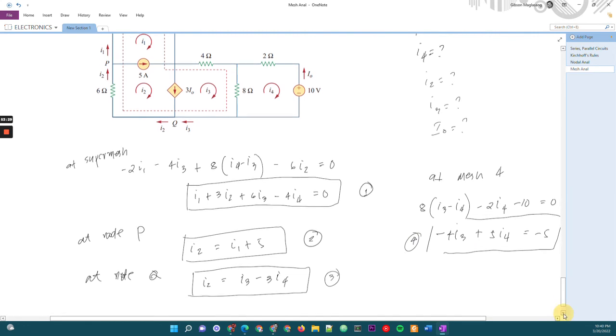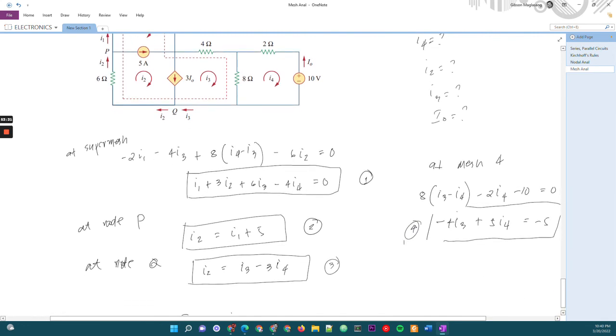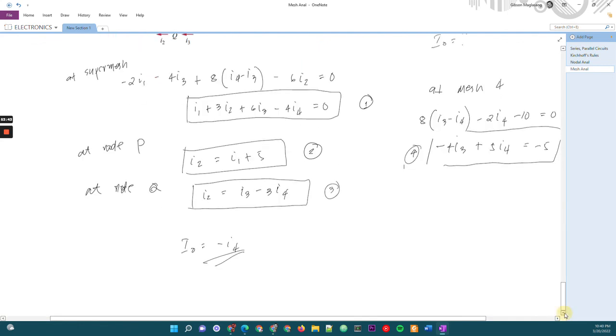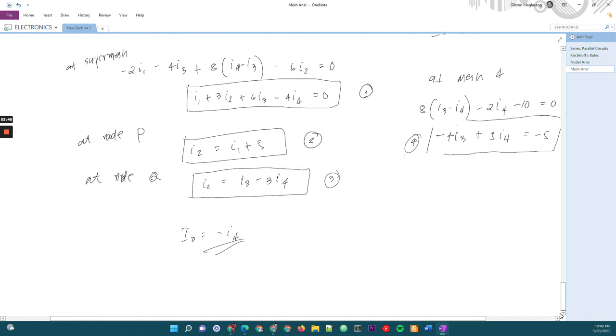So we need 4 equations because we have four unknowns. We have I1, I2, I3, and I4. So the process of solving this is the same: either we use the substitution or elimination method, or Cramer's rule, or MATLAB. For that case, you establish your matrix. So you have 1, 3, 6, negative 4.